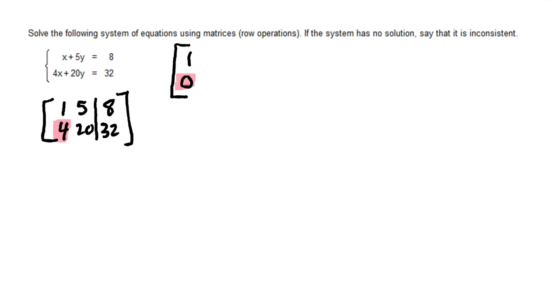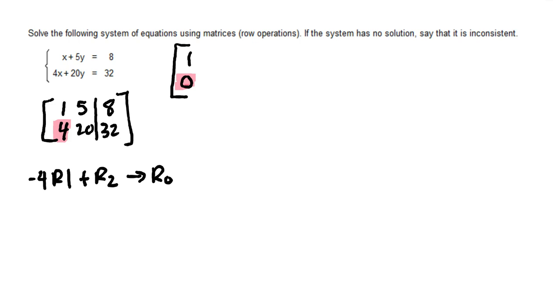So if I want to eliminate that 4, I need to multiply -4 times row 1. -4 times 1 is -4, and when I add that to row 2, that will eliminate that position, and this will become my new row 2.